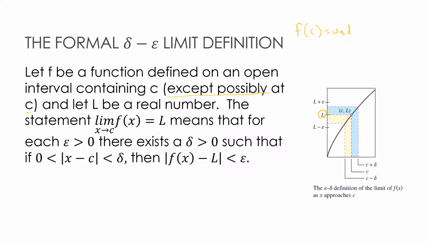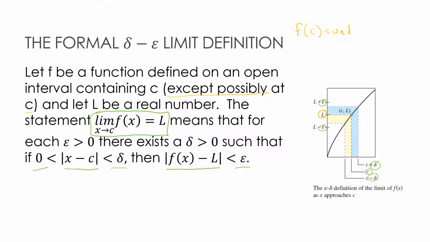The statement, the limit as x approaches C of f of x equals L, which is just our limit definition, means that for each epsilon greater than 0, there exists some delta greater than 0 such that if 0 is less than |x - C| is less than delta, so again, x being some other value minus C being what we're approaching, then |f(x) - L| is less than epsilon.